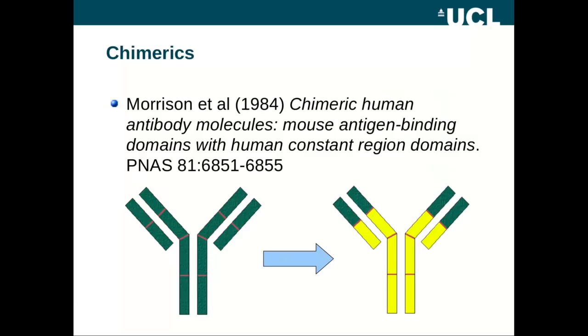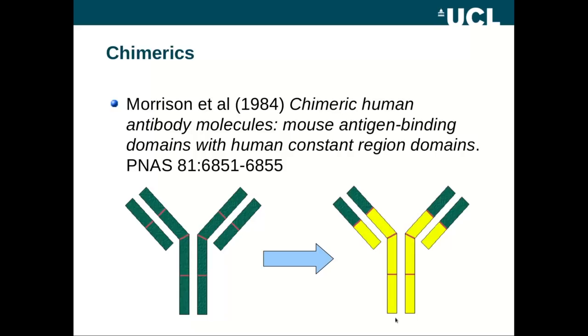In this case, you produce your antibody in mice, and then once you've got the sequence of that antibody, you can artificially produce DNA which encodes the light chain variable region of a mouse antibody coupled to the human constant region, which we show in yellow here. And similarly in the heavy chain, we take the VH domain from the mouse and couple it to the constant domains from a human.